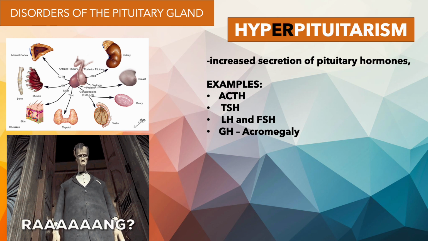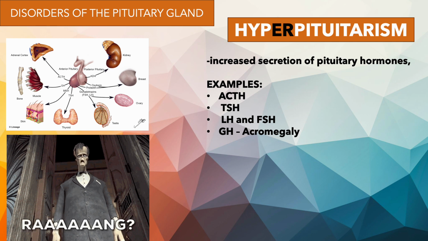So here, we're going to focus on the growth hormone. So if hypopituitarism selected to the growth hormone causes dwarfism, what do you think is going to happen when it's hyper? Okay, your patients are going to grow a lot, right?